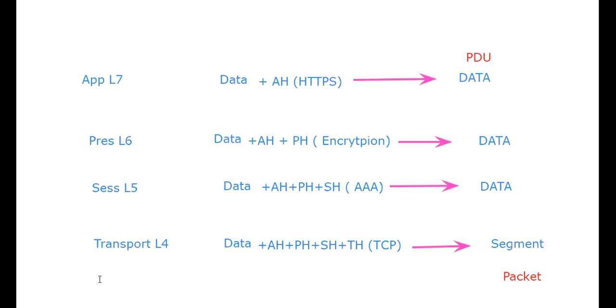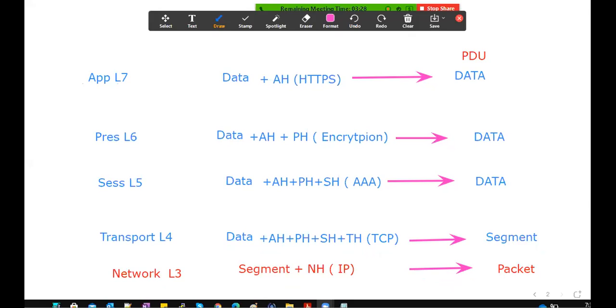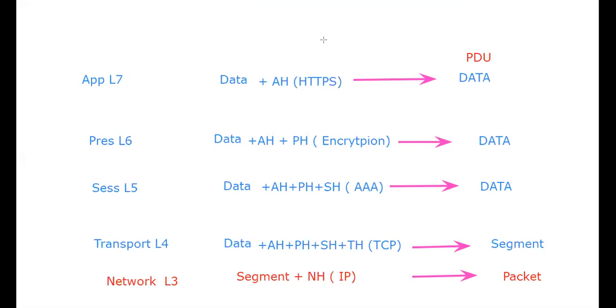For the network layer, layer 3, instead of saying data, application, presentation, everything, we can simply say what we received, a segment, from the transport layer. Then we add the network layer header, which means for example the IP address. Then we call this a packet. Did you understand? This is the concept of PDU.